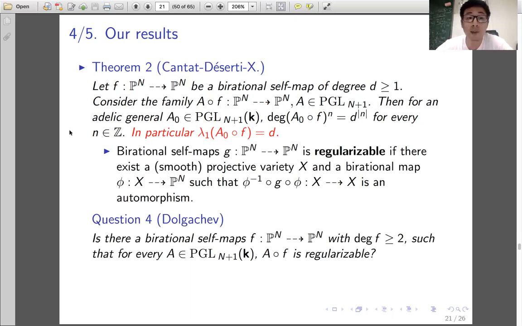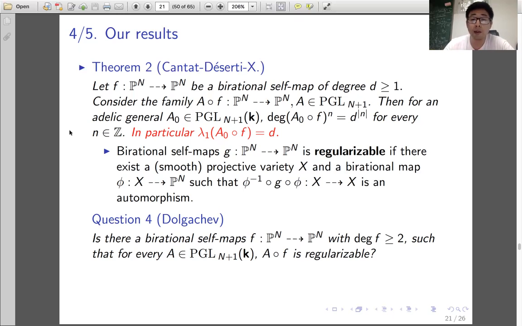And this theorem has the following application. A rational self-map F from Pn to Pn is called regularizable if there exists a projective variety X and a rational map phi from X to Pn such that phi^{-1} F phi from X to X is an automorphism.